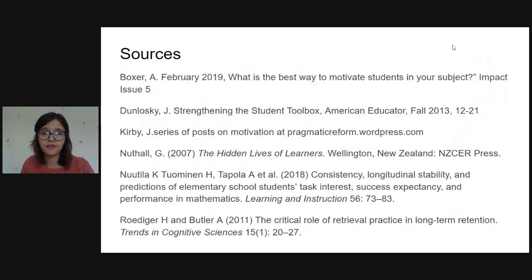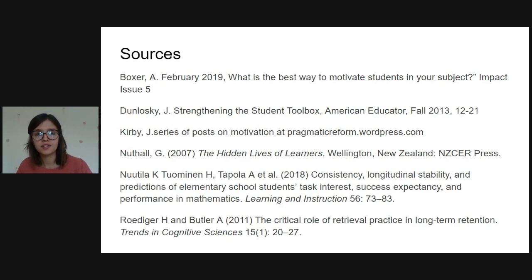So I'm going to finish this talk with a list of some of the references that I've talked about, but also some of the ones that are underpinning what's being said in this talk. I think if you've not looked at motivation before, the Adam Boxer article in Impact is a really good place to start.